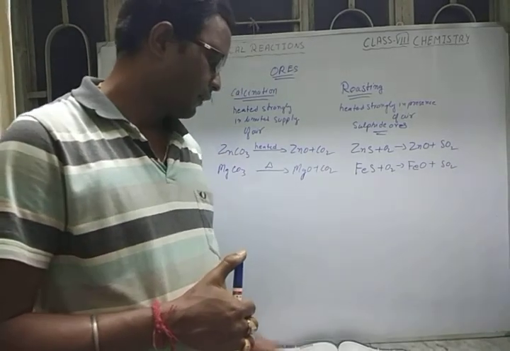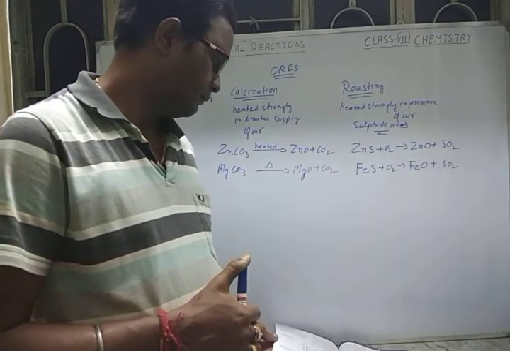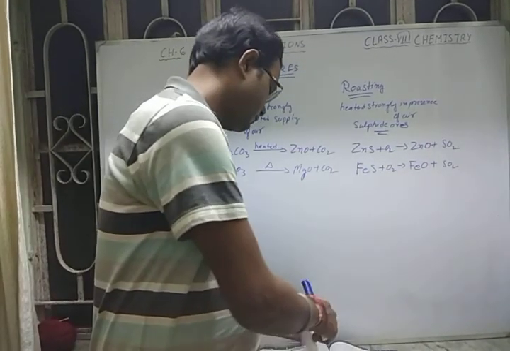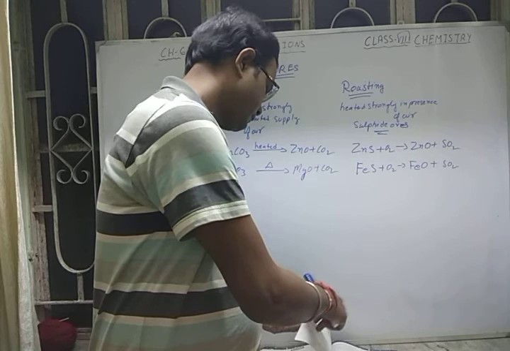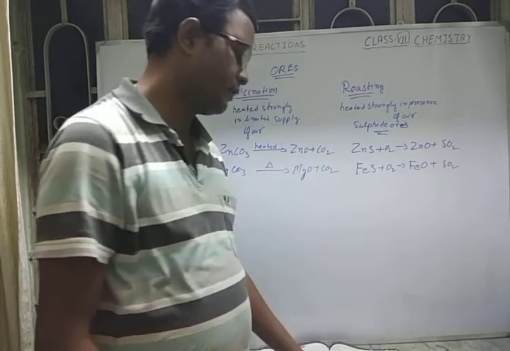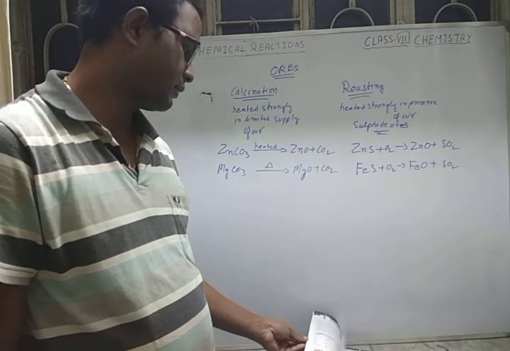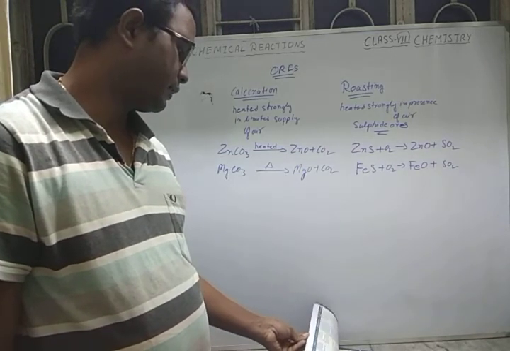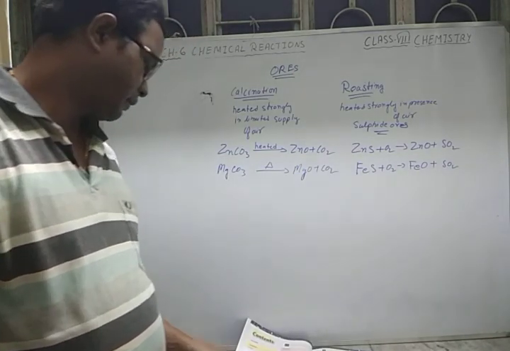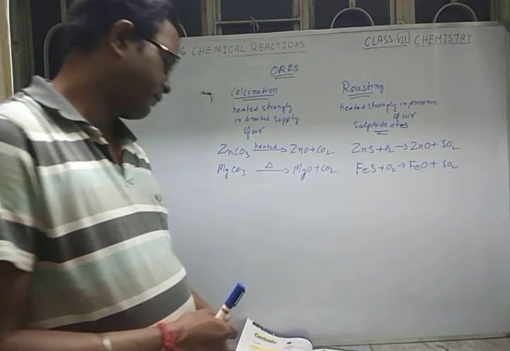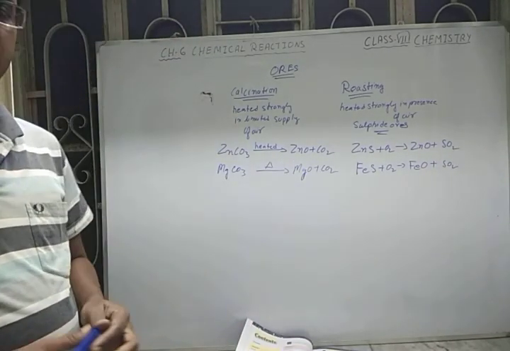The next chapter we have to start is hydrogen. After the carbonate compound, three more chapters are left. We have completed chapters 5 and 6, and three chapters remain. We have to complete them by January.